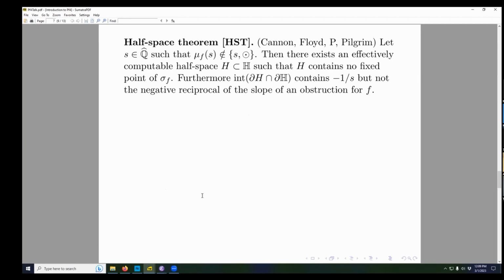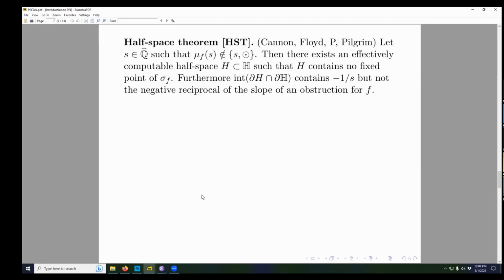This brings us to the half-space theorem. The half-space theorem appeared in a paper by Jim Cannon, Bill Floyd, myself, and Kevin Pilgrim. It goes as follows. Let's let S be a slope. So S is an extended rational number, and the slope function value at S is not S, and it's not the non-slope.